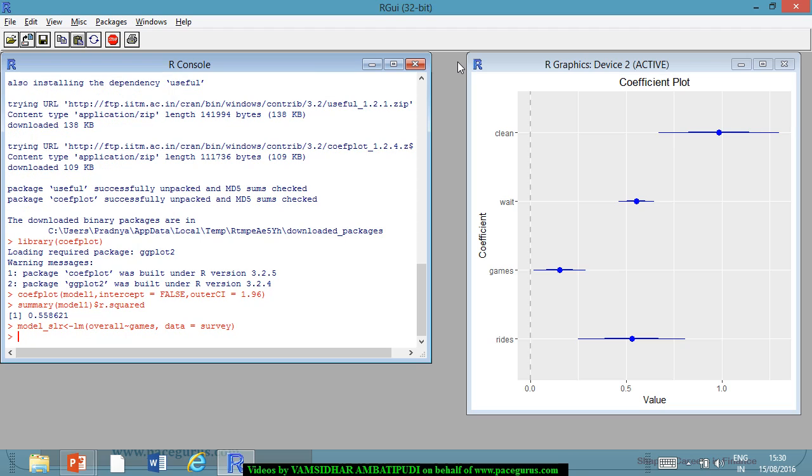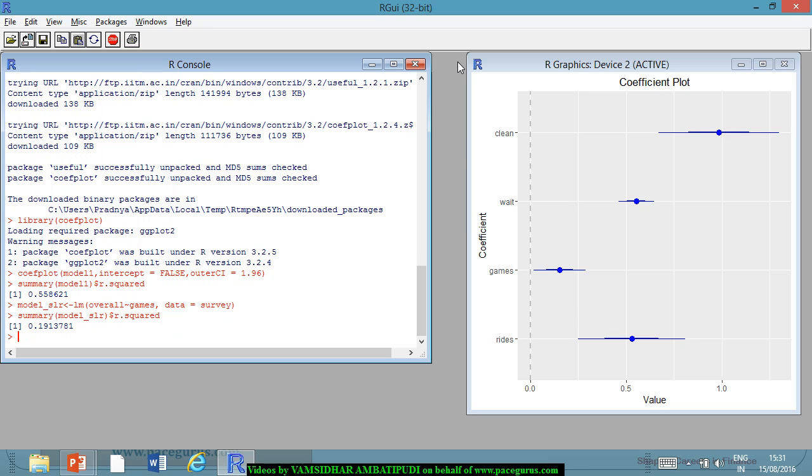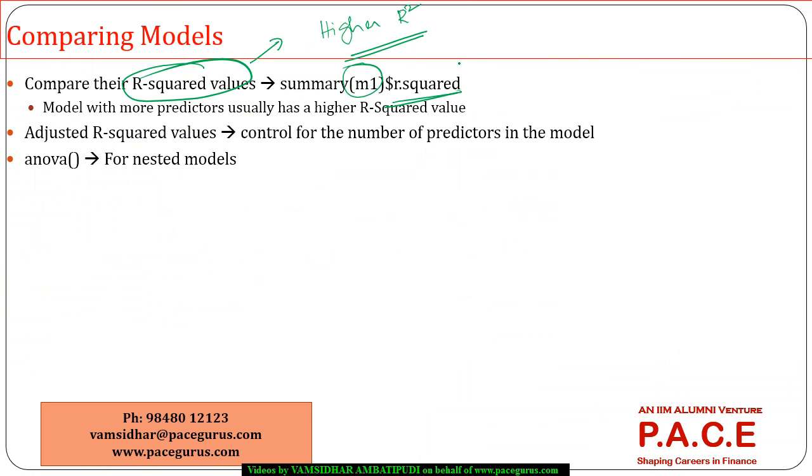Now for this particular model underscore SLR, I can go with the R squared. So I'll go with summary model underscore SLR $R squared. Now this is giving me only 0.19. So the R squared of the multiple regression model is much higher compared to the R squared of the simple regression model. So that's one way I can select.